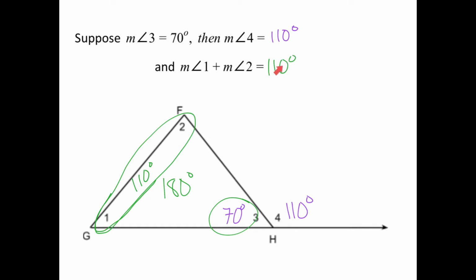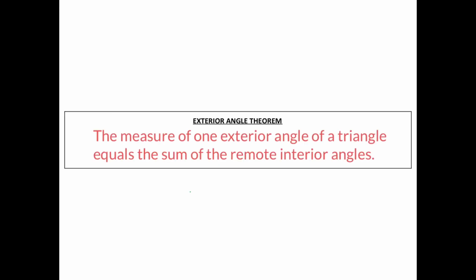So this is the second time we changed the measure of angle 3, but if you look, this exterior angle has the same value as the sum of these interior angles that are opposite of the exterior one. So these remote interior angles, their sum is equal to that exterior angle. And that's exactly what the exterior angle theorem states.